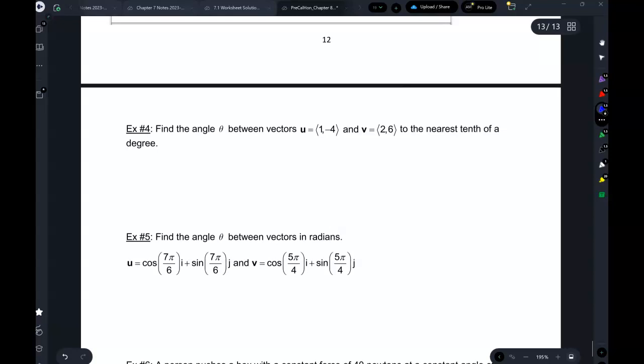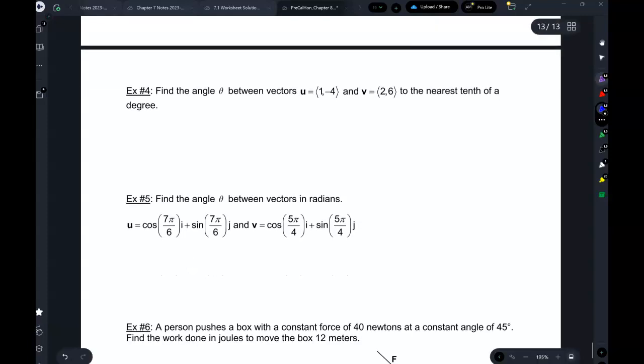All right, so here we go. Find the angle theta between these two vectors, 1 comma negative 4, 2 comma 6. When you have something like this, you need to find a couple of things. First, you need to find u dot v. So that's going to be 1 times 2 plus negative 4 times 6, and that's negative 22.